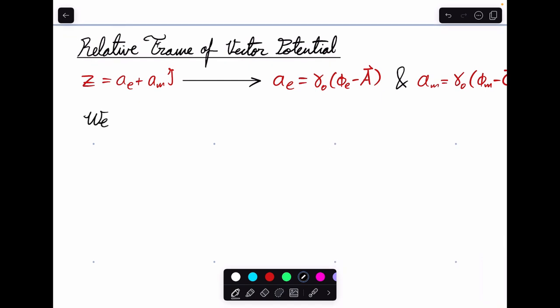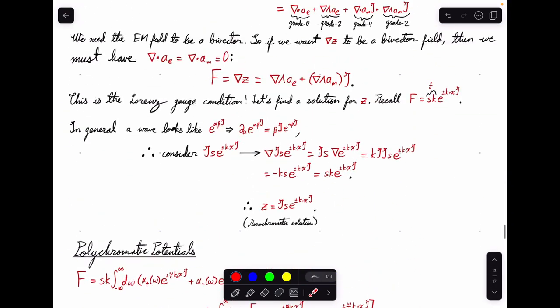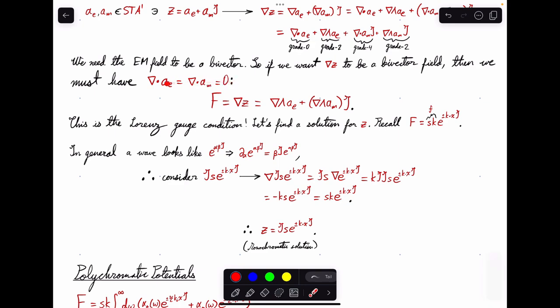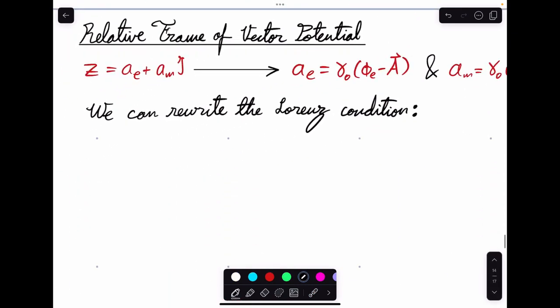We can rewrite the Lorentz condition, or recall the Lorentz condition was that the divergence of these vectors is equal to 0.